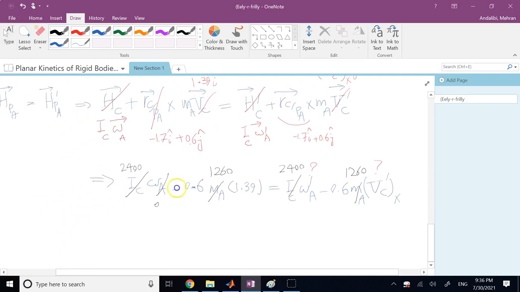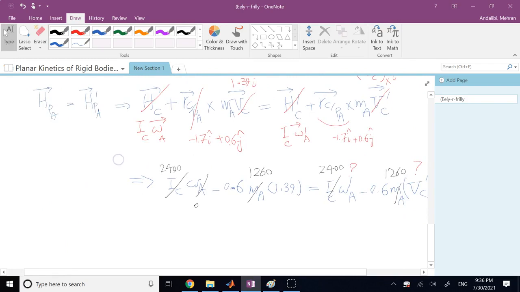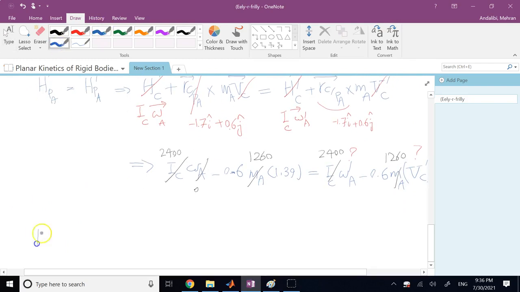And then I repeat the very same equation, but this time for block B. So for B also I say H prime PB and HPB are the same, right? The total angular momentum of block B about the contact point is going to stay the same.